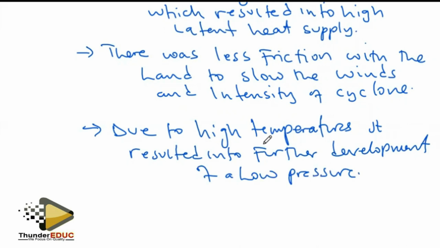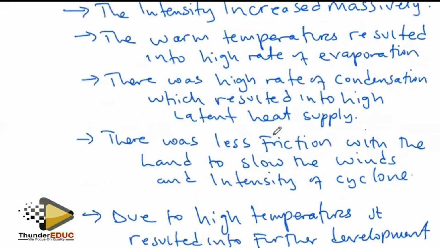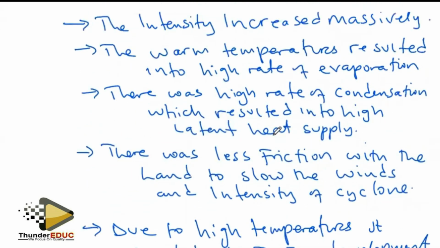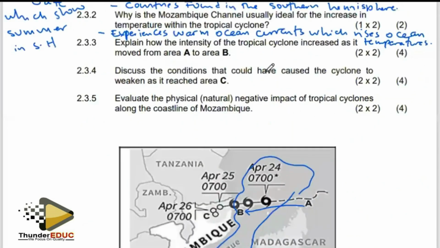So that's how the intensity of the cyclone increased as it moved from area A to area B. All right.